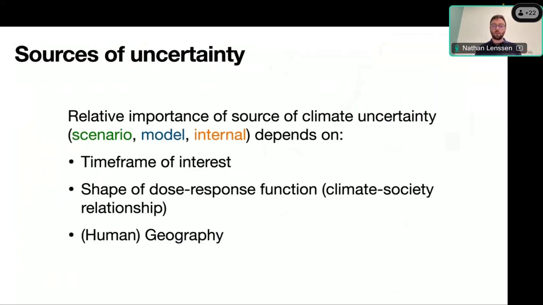If we allow internal uncertainty in our projection, we're going to see those tails occur more often, or at least sometimes. We also saw that geography matters as well, both physical and human geography. So we might see very different results in those breakdowns if we had different population distributions.